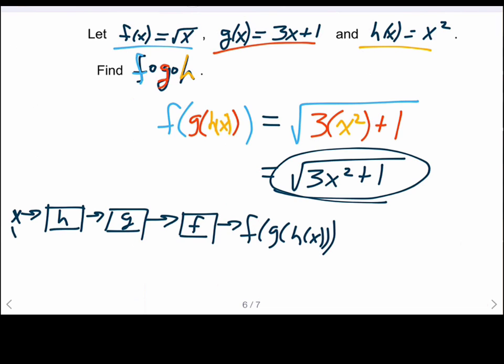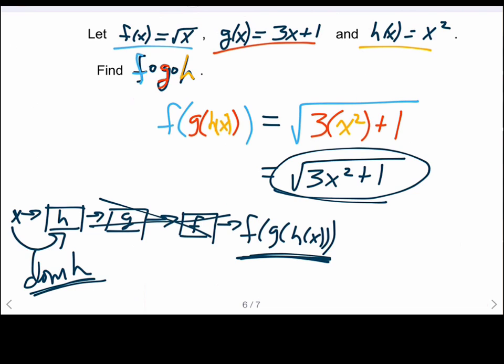Because x is going into h first, I would need to consider the domain of h. Once that's done, I would then need to consider the domain of the output. In other words, when we're considering domains, we never have to worry about the intermediate functions directly. It gets taken care of by considering the domain of the first and the domain of the result.